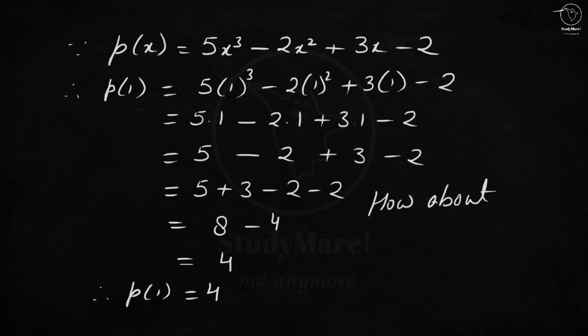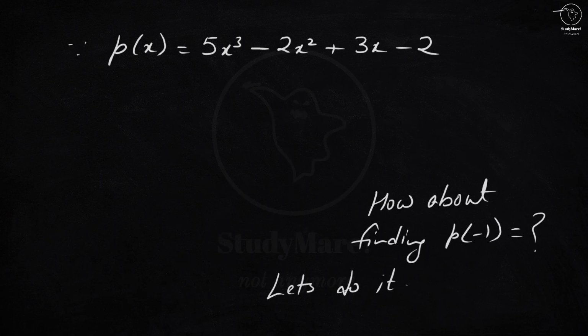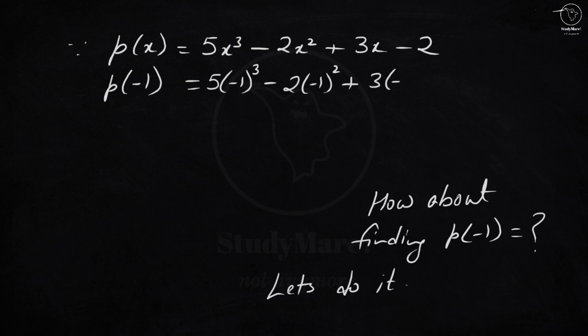How about finding p(minus 1)? Let's do it. Now, we will substitute the value of x as minus 1 in the given polynomial. So we get p(minus 1) is equal to 5 into minus 1 cube minus 2 into minus 1 square plus 3 into minus 1 minus 2, which is equal to 5 into minus 1 cube is minus 1.